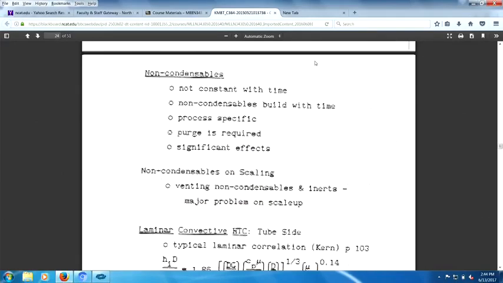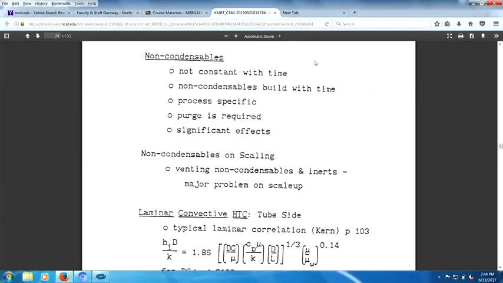Non-condensables. Oh my goodness gracious. So quickly we go to non-condensables. Non-condensables are a first-class pain in the neck, and they often need a purge. Obviously, if you're running a condenser unit where you're condensing water and you have air in it, then the air is not going to condense and forms a boundary, and the non-condensables build up with time and cause significant effects.